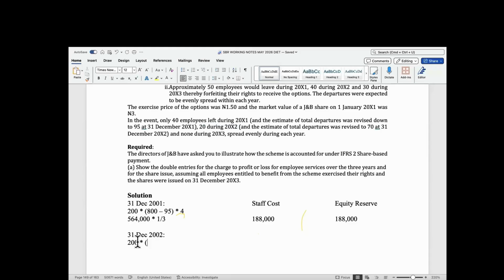That's 800 minus 70, that's 730. Times 4 naira. So what's the total? 584,000.